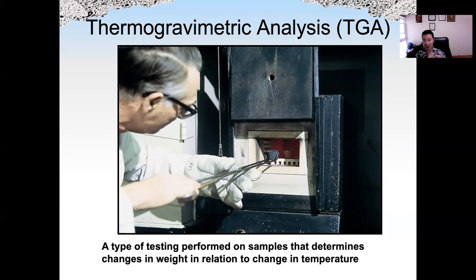For example, calcium hydroxide will decompose at 800 degrees Celsius, and CSH decomposes at another higher temperature. So we monitor the temperature versus the weight loss of the sample. Based on this method, we can estimate the weight of different phases inside the sample. The concept of the TGA method is very simple. Again, we'll discuss this in more detail.